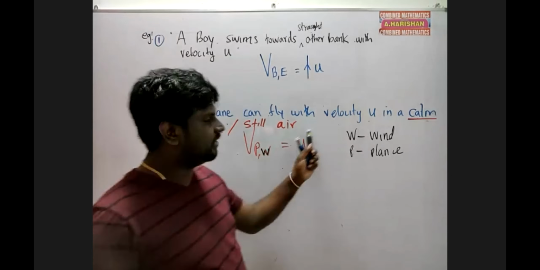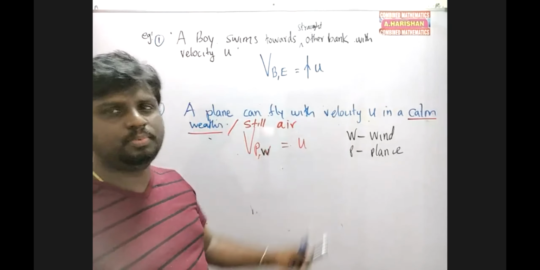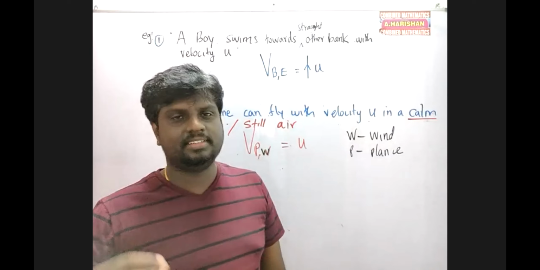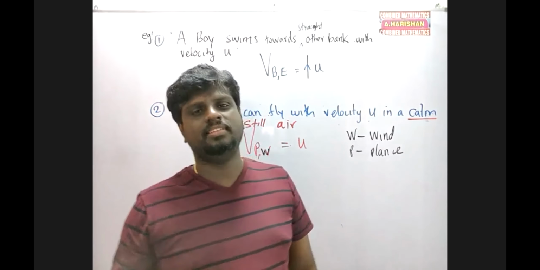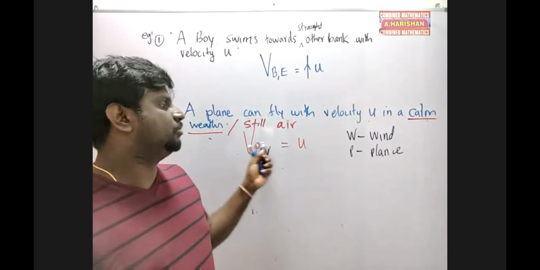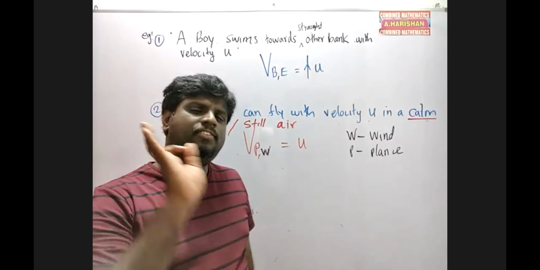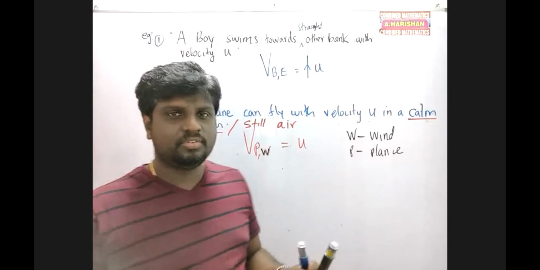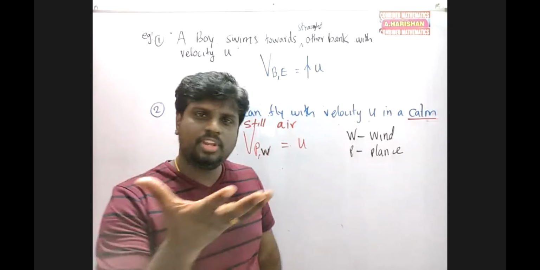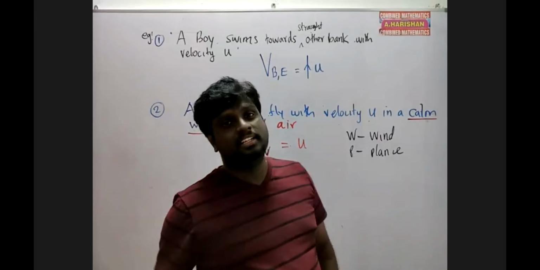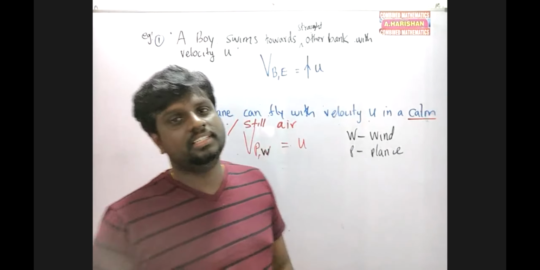So they don't say directions here. I don't put any direction here because I can tell you. So whatever I say, if you can note it down, then it is easy. Otherwise, no problem, I will tell again and again. I can tell you 95% of questions they won't give direction for this, according to the wind, according to the air, or according to the river, or according to the water.